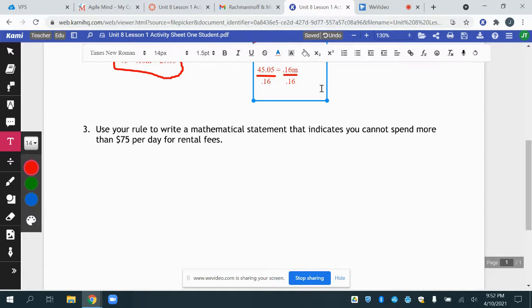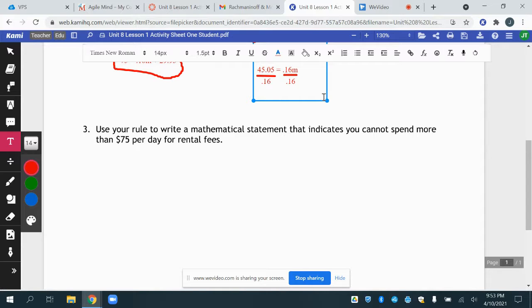Let's see what that does. So I'm basically saying I have $45.05, and I get a mile for every 16 cents that I can spend. So how many miles can I go? I'm dividing by 0.16 to find that out. It says I can drive about 281 miles and 50.56.